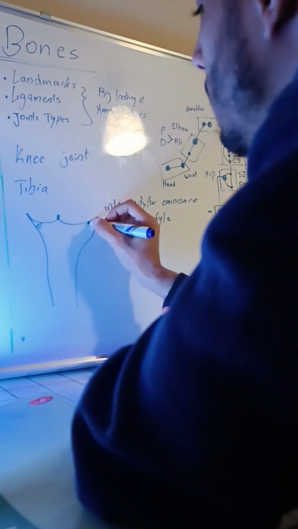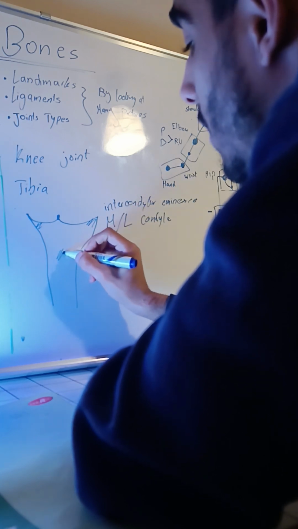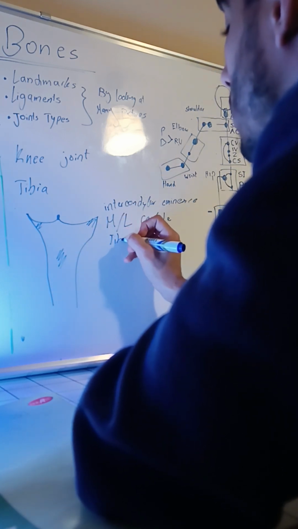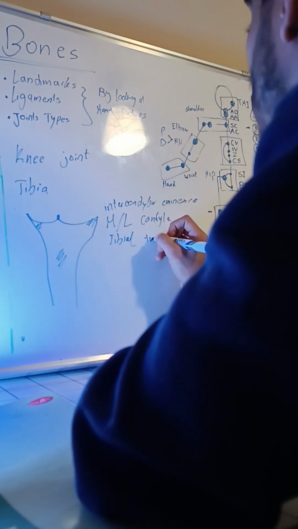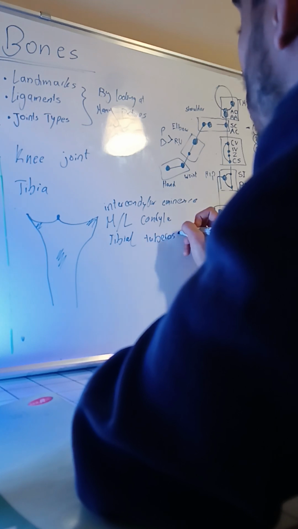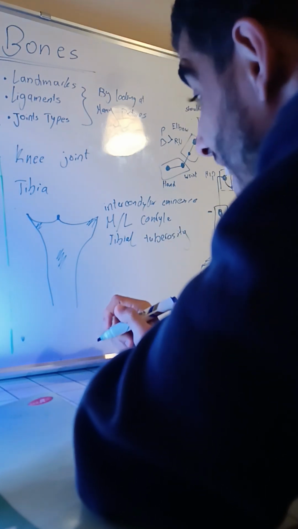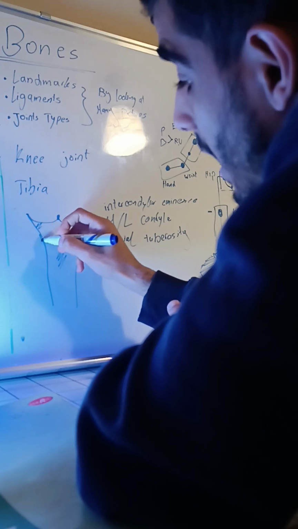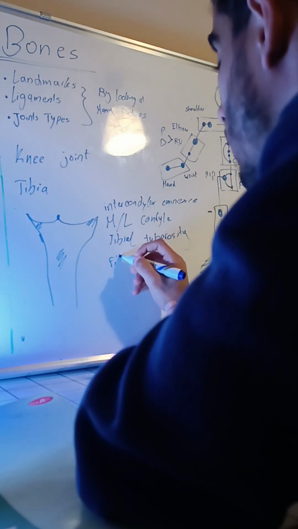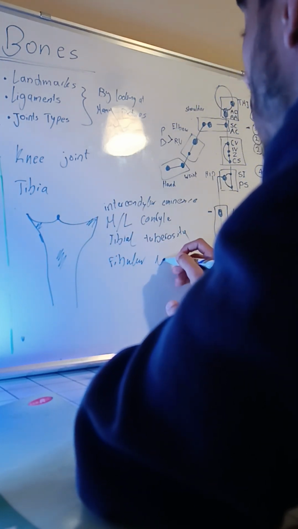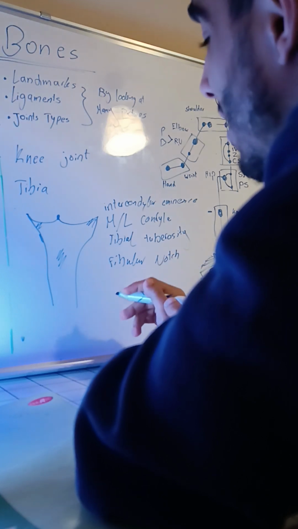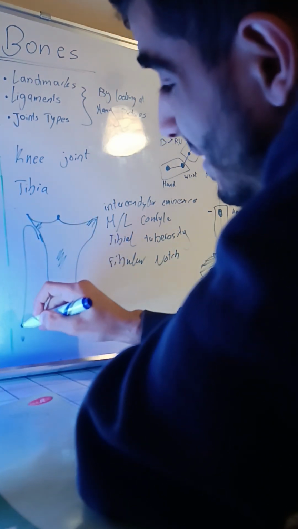Right, these parts, and after that we're gonna have here the tibial tuberosity, and here we're gonna have the fibular notch where the fibula will attach here.